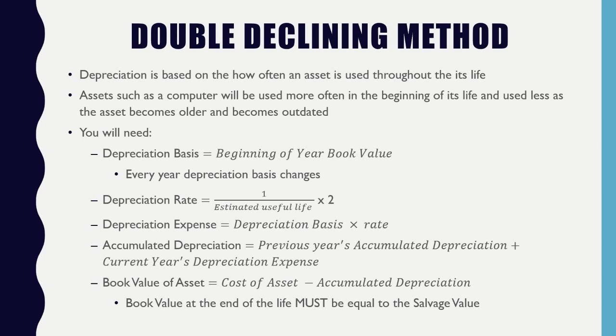So, in this case, when you depreciate your fixed asset, normally you are more likely to use it more frequently in the beginning of the years versus towards the end. So, for instance, a laptop per se. You go to school, and you're probably going to be using that laptop the majority of your time because you're in school.